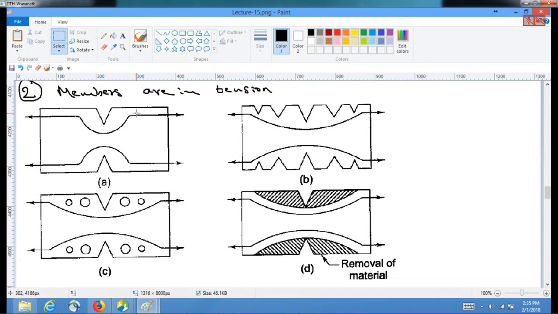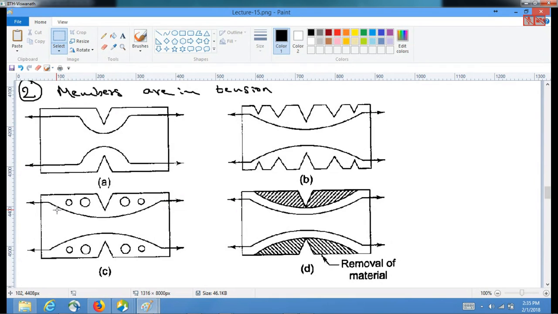It can have a hole or a notch, or it can have several notches as shown. Then depending upon the presence of the discontinuity, it would deflect and bend.